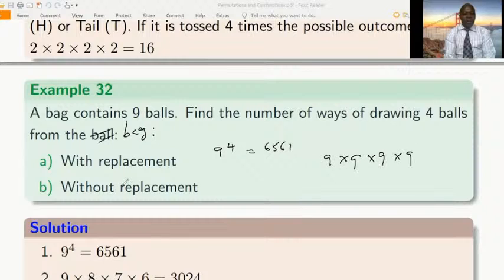But without replacement, the first time you went, there were 9. The second time you went to draw, there were 8. The 3rd time, there were 7. And then there were 6. Or you can say P of 9 balls, and you're selecting 4 at a time, and you get the answer. We did a question similar to that. Just repeating them slowly.